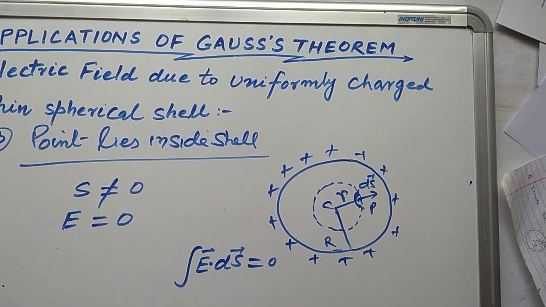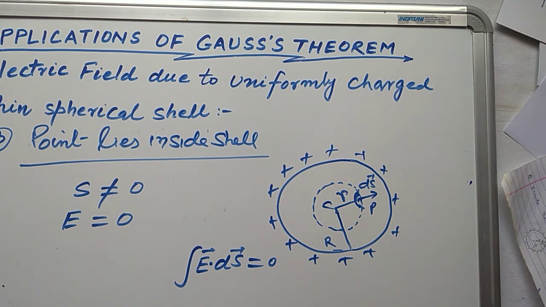So again, case number 1: for the outside point, the shell behaves as a point charge. For all the points at the shell, electric field E equals sigma by epsilon naught, and there is no electric field inside the shell due to a uniformly charged thin spherical shell.